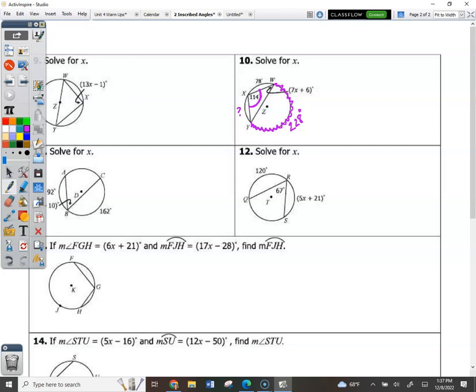Yeah, because if you look at the circle, that's the only piece missing, right? So how do I find the measure of that arc? 228 plus 78, and then you get your sum, and then minus that from 360. Perfect. So if you notice going all the way around the circle, I know everything but the question mark. So I'm going to do 360 minus 78 minus 228, and that leaves me with 54.